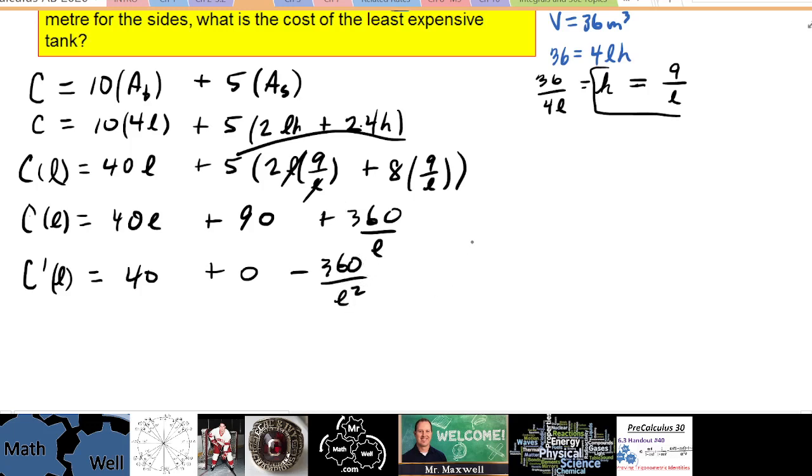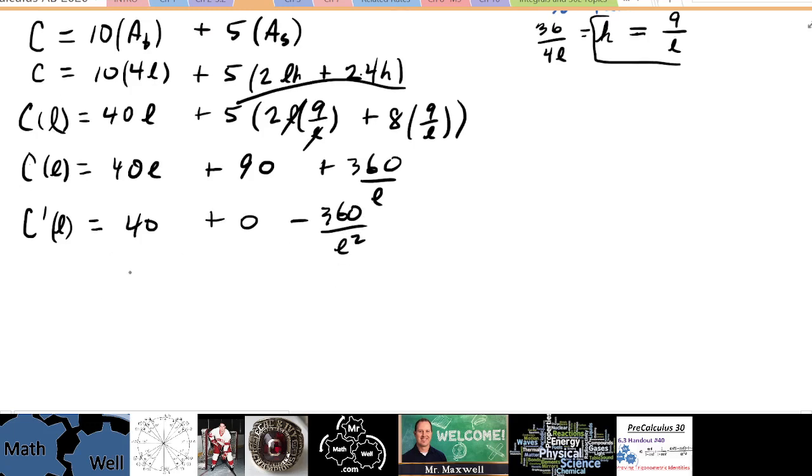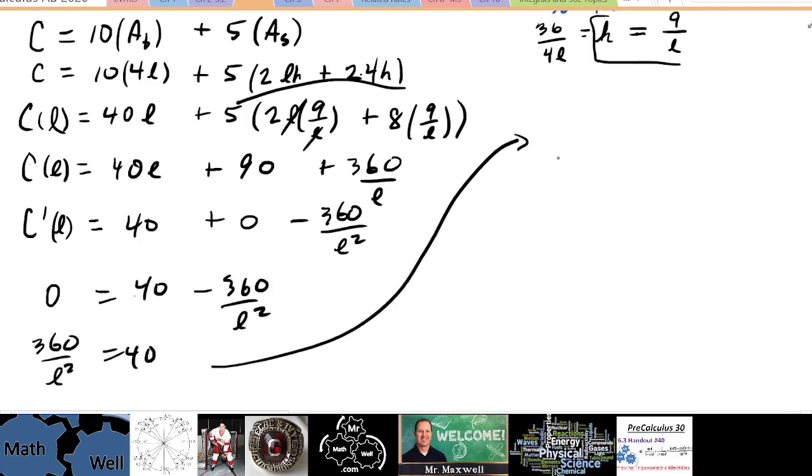I, of course, want to find the critical number, or numbers, to find out where this cost is going to be optimized. So I'm going to let all this equal 0. So 40 minus 360 over L squared equals 0. And I'm going to have 360 over L squared equals 40. And move up over here.